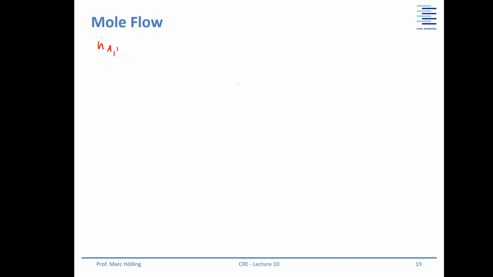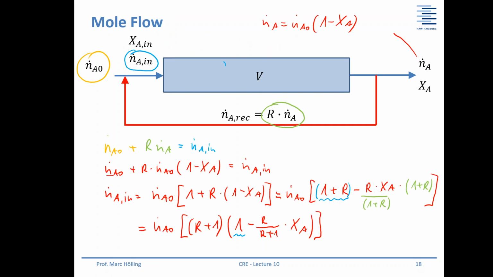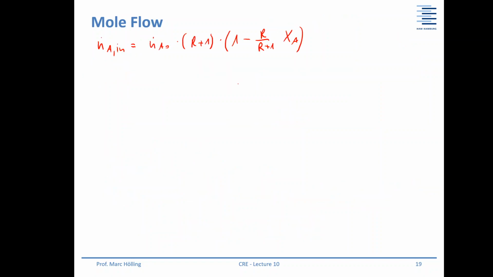N dot A in is N dot A0 times R plus 1 times (1 minus R over R plus 1 times XA). Okay, hopefully this was correct. Yes, I hope so.